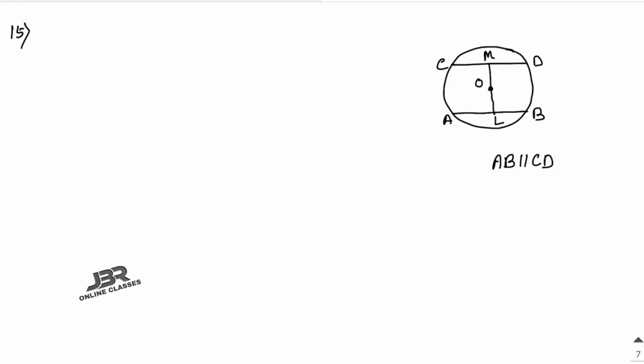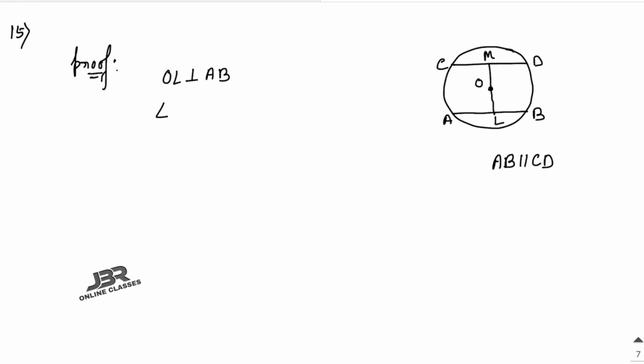Okay. So here two chords AB and CD where L and M are the midpoints of AB and CD respectively. And LM passes through the center O. So here you have to prove AB parallel CD. So write down the proof here. As L is the midpoint of AB, that means you can write down OL perpendicular AB.